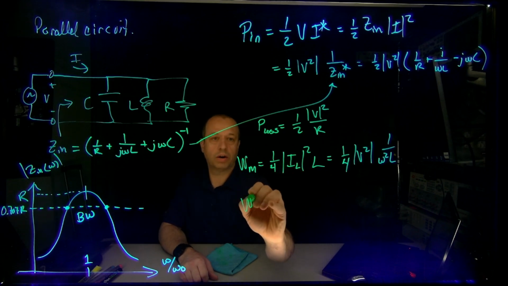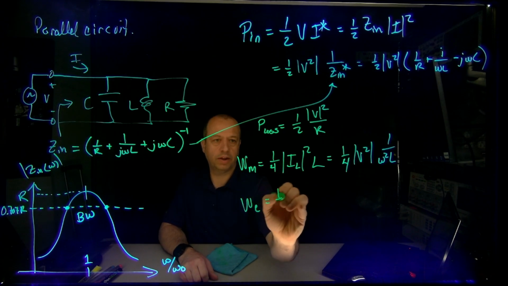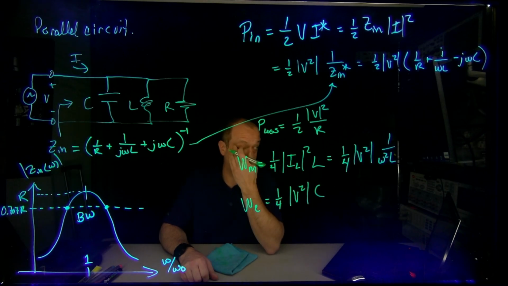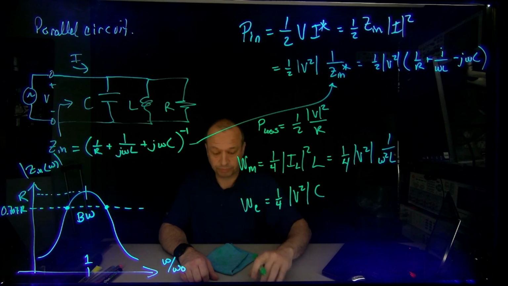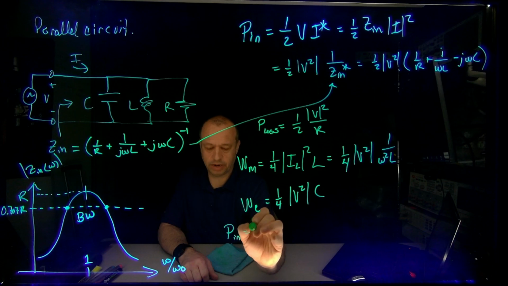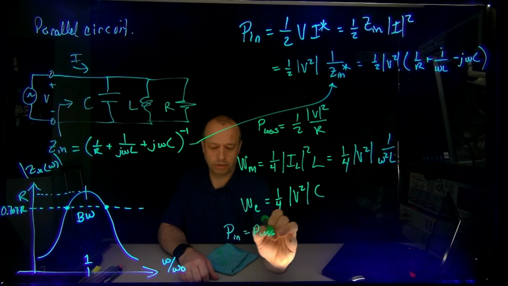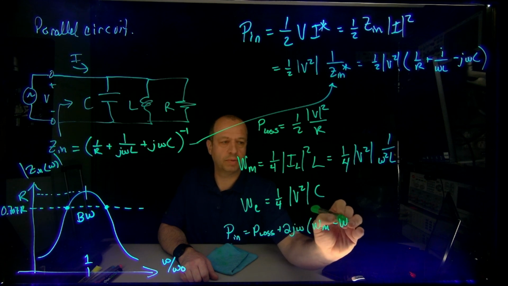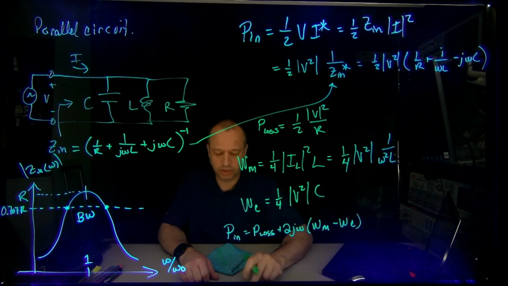And then our electric energy has 1/4 V squared C, and that C is the capacitance. Our power in is therefore our P loss plus 2J omega Wm minus We. So we're going to take the difference.